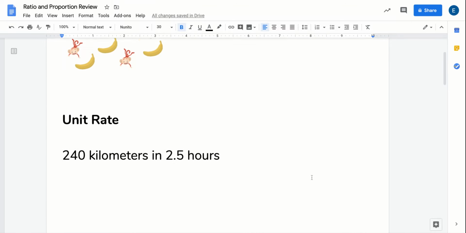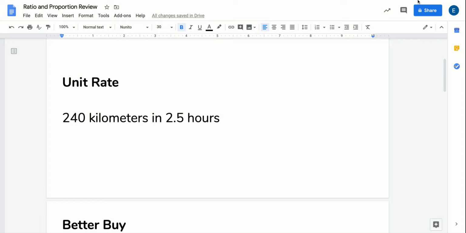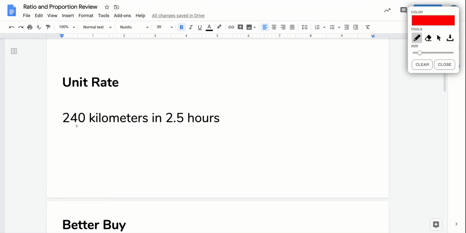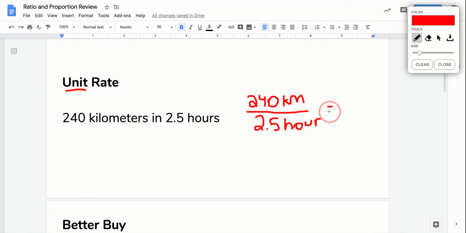All right, let's take a look at unit rate, the next thing we're going to look at. If I'm asking for the unit rate of something, I'm trying to figure out the unit, which usually means 1. So I have 240 kilometers in 2.5 hours, and I divide to figure out how many in 1 hour.